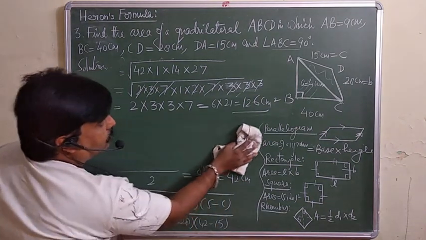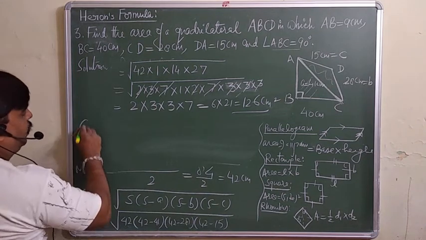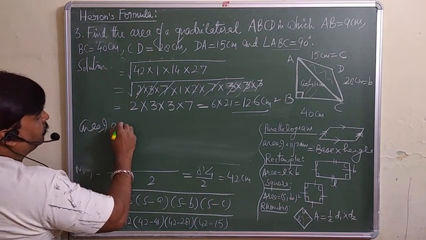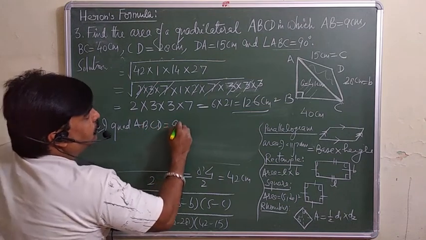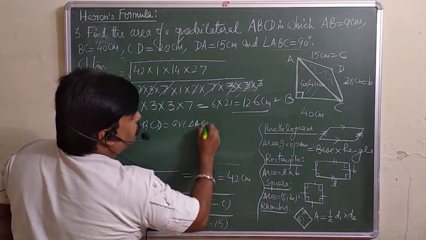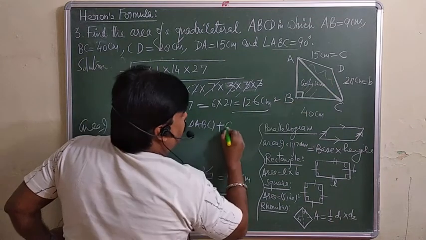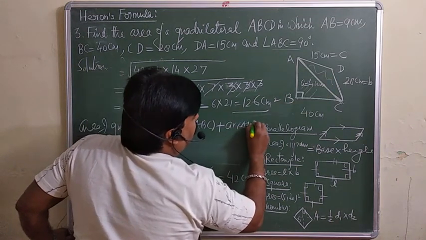So look at here now. Area of quadrilateral ABCD is equal to area of triangle ABC plus area of triangle ADC. You must add this one.